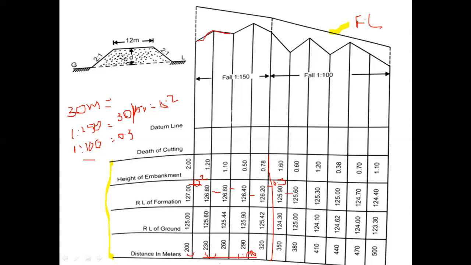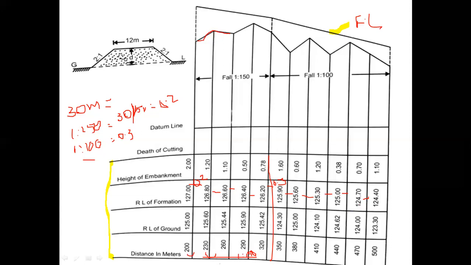Next, minus 0.3, 125.90 minus 0.3 is 125.60. Next one, less 0.3, 125.30. Next one 125, next one 124.70, next one 124.40. It is totally 0.3 less in this gradient 1 in 100.